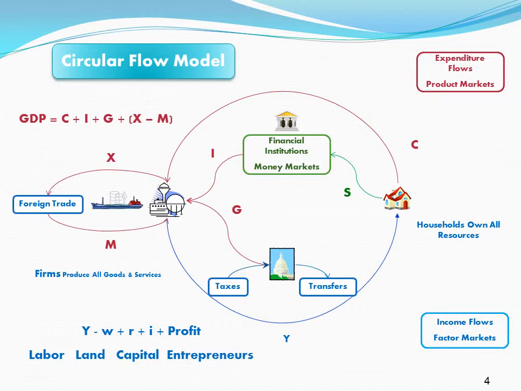So production of 17 trillion creates income of 17 trillion, and this income is flowing to households in the form of wages, rent, interest, and profit. And that income is going to what we call the four factors of production: labor, land, capital, and entrepreneurship. So the blue flows here are the factor markets.